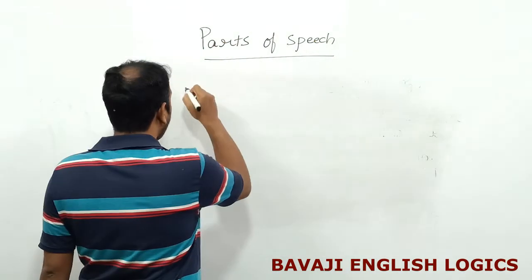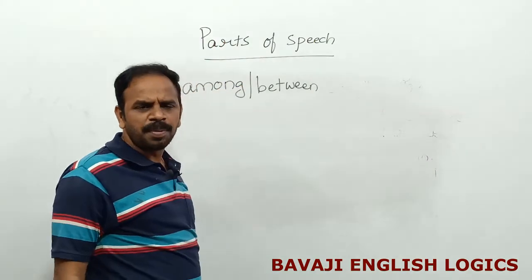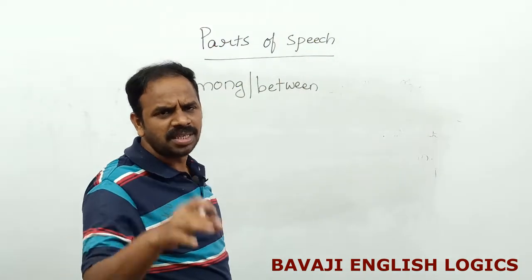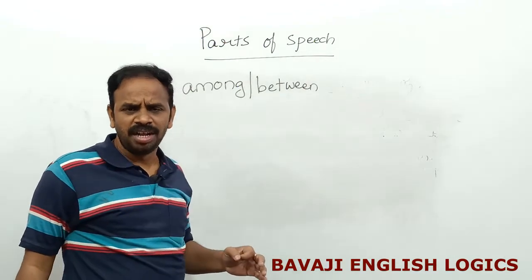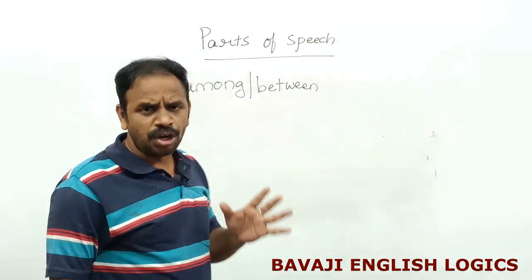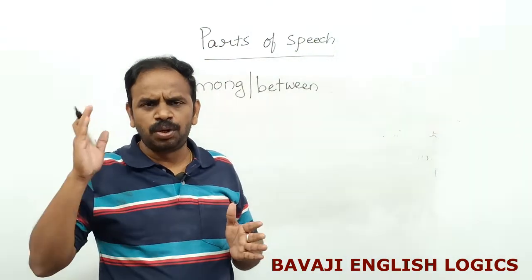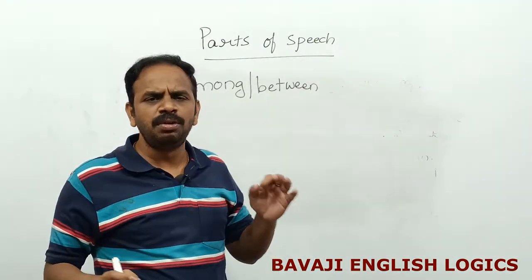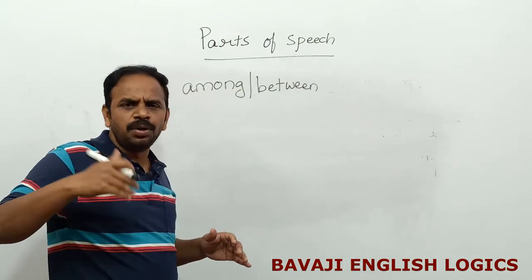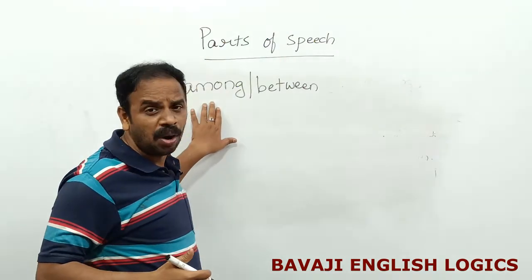Difference between among and between. Among is a preposition which we use when we speak about more than two persons, and between is a preposition which we use when we speak about only two persons, two places or two things. When we compare more than two persons, more than two places or more than two things, we use the preposition among.